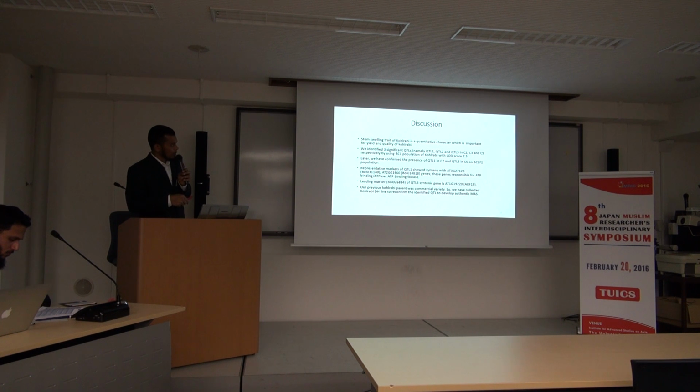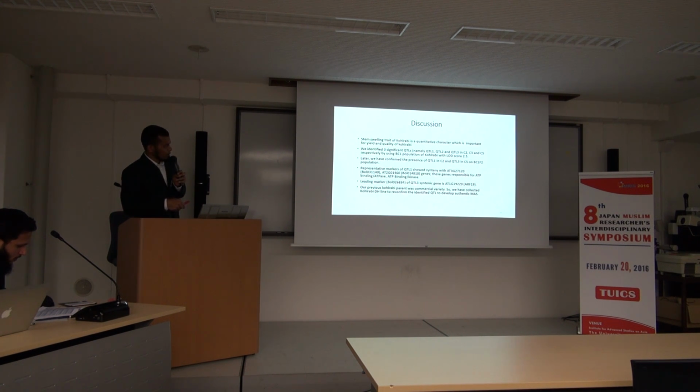The candidate marker of QTL1, we found this gene by alignment with Arabidopsis thaliana. And in Arabidopsis thaliana, these genes are responsible for ATP binding, ATPase, that is the energy production mechanism.